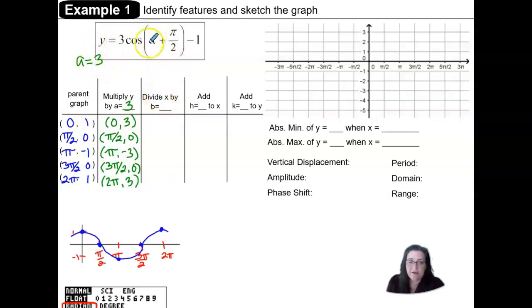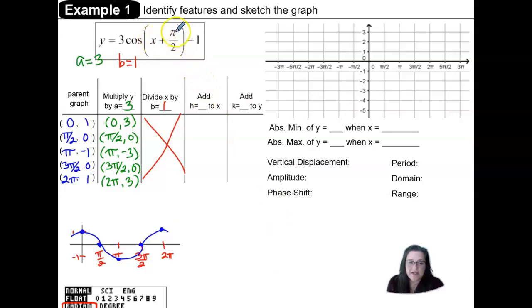Now the b value is the coefficient on the x. Since the b is a 1, then dividing all of these x coordinates by 1 doesn't actually change its value. So we can just skip right over that column, or you can draw arrows across, and we'll move on to the h.